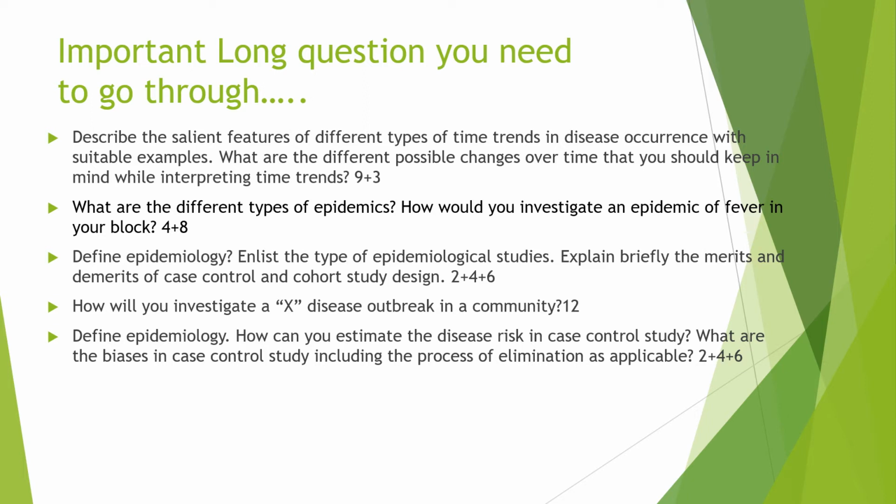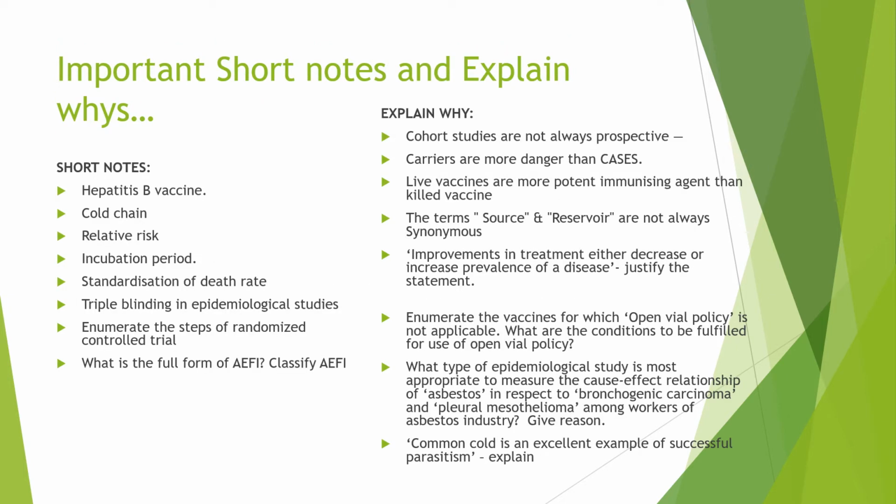At the same time, how to estimate the disease risk in certain study designs, what are biases, how to eliminate them, and so on. Regarding the short notes, it is good to know the hepatitis B vaccine, cold chain, relative risk, incubation period, standardization of death rates, blinding as such, the steps of randomized control trial, AEFI, its classifications, and several more explain-whys.